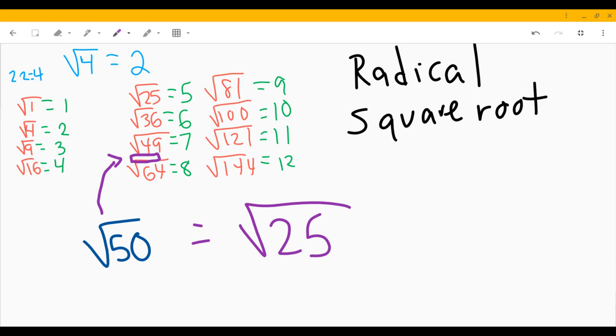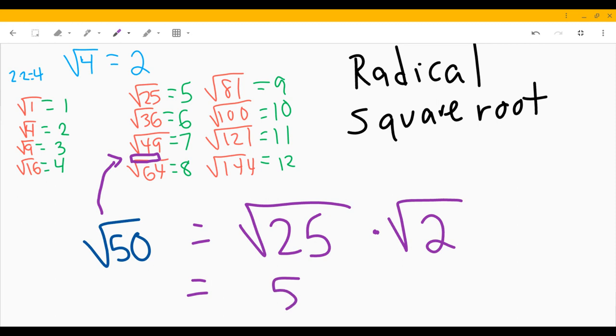So the square root of 50 is the same as the square root of 25 times the square root of 2. Both of those numbers together, when multiplied, give us radical 50. But now I can simplify this square root of 25. I know the square root of 25 is going to equal 5.